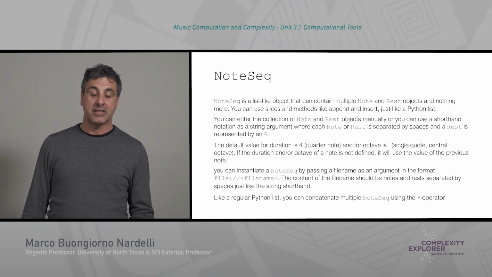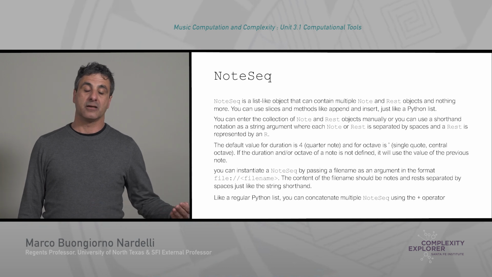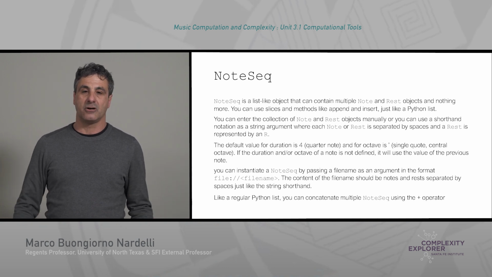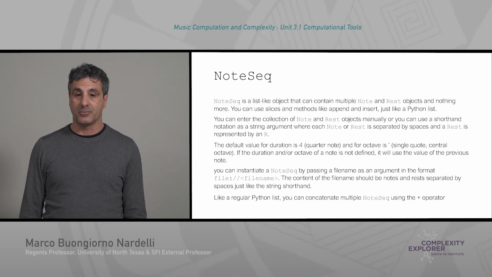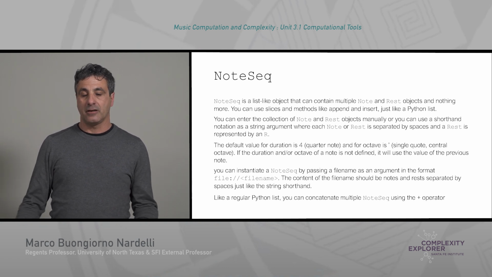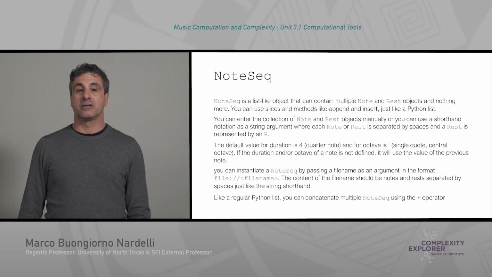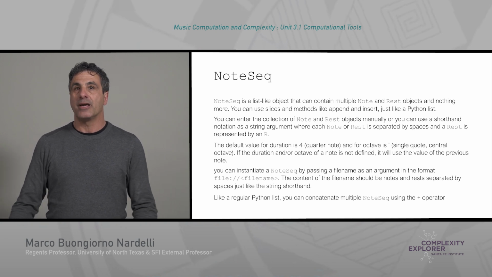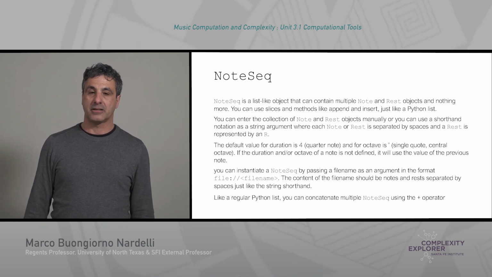You can actually read from a file the full notation of the sequence and import it into a note seq object. So it's a very versatile list that we will be using a lot to manipulate our musical objects. And again, I will demonstrate this in the practical session on the notebook.